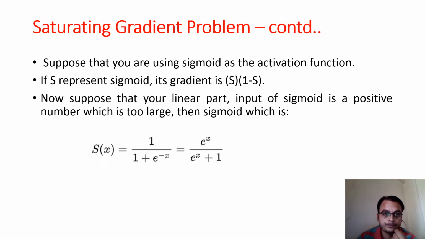How do we overcome the saturating gradient problem? Here is one sample. What is our formula of the sigmoid function? S(x) is equal to 1 upon 1 plus e raised to minus x. Suppose you have a linear part and the input of the sigmoid is a positive number which is too large; then the sigmoid function is nothing but e raised to x divided by e raised to x plus 1.